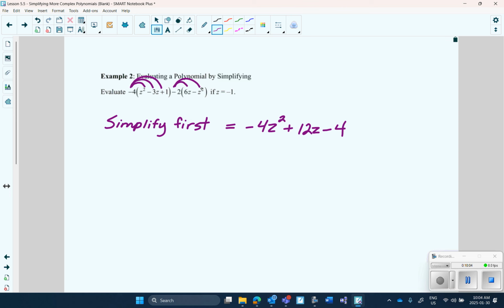What does that give me? Negative 12, plus 2z squared. Good.